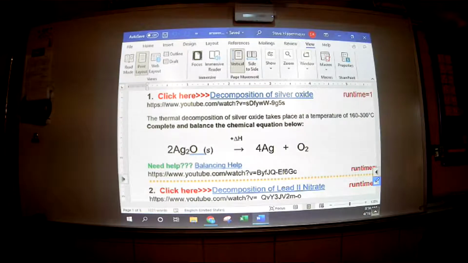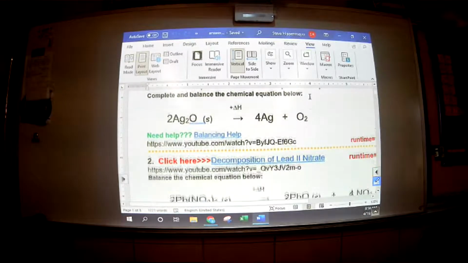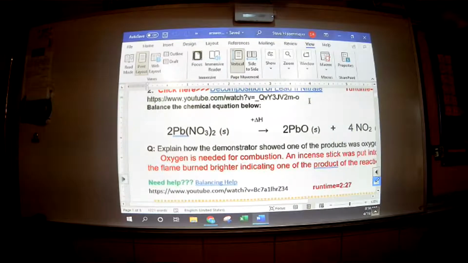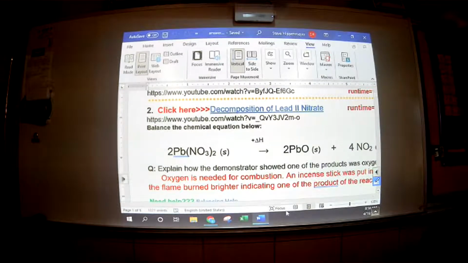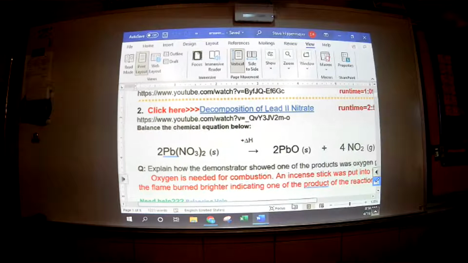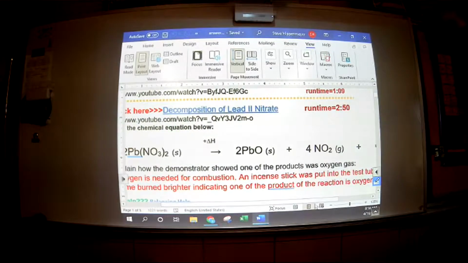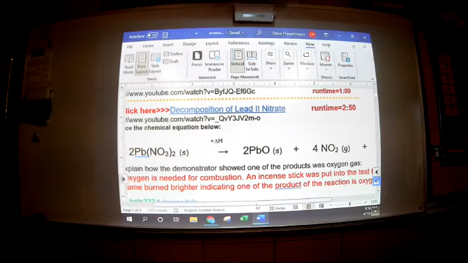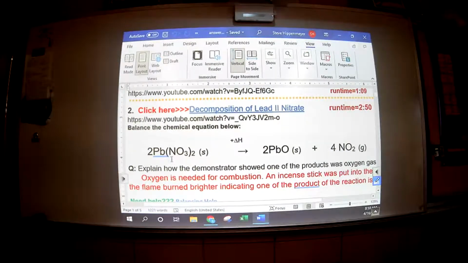Another decomposition reaction. On this one right here, on this decomposition reaction, it is also a thermal decomposition, meaning we have to add heat energy. But on this one, we're starting with lead 2 nitrate.